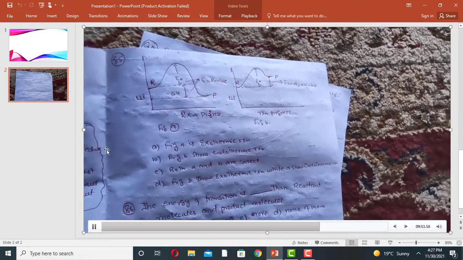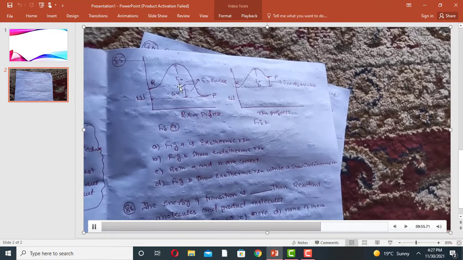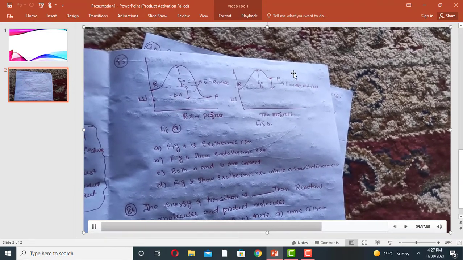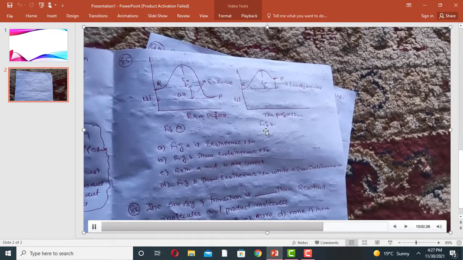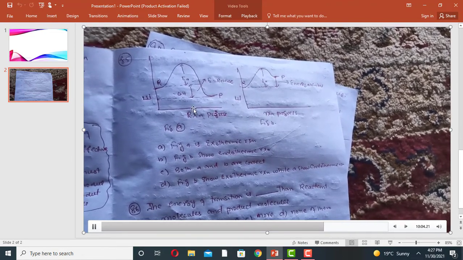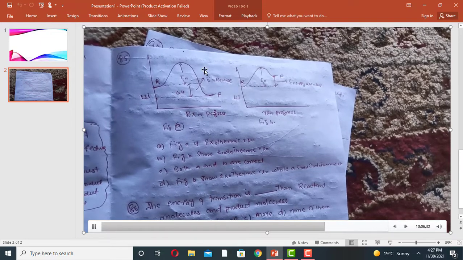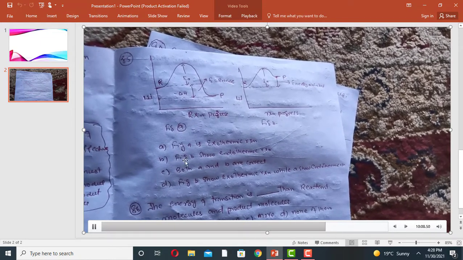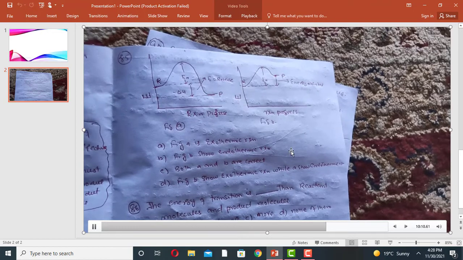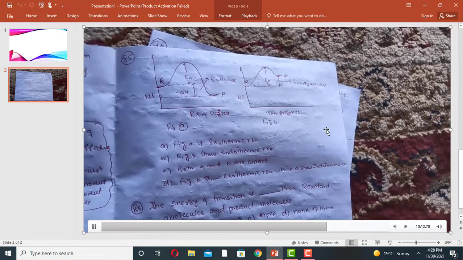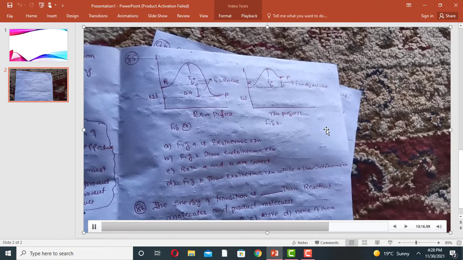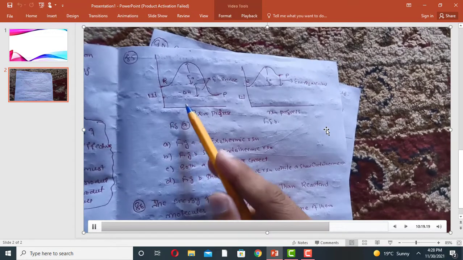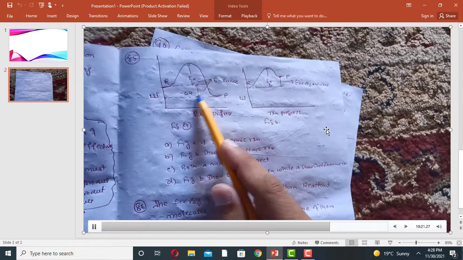Figure A is the exothermic reaction. Figure B is the endothermic reaction. Both A and B are correct. Here delta H is negative, so it shows an exothermic reaction: energy is released.